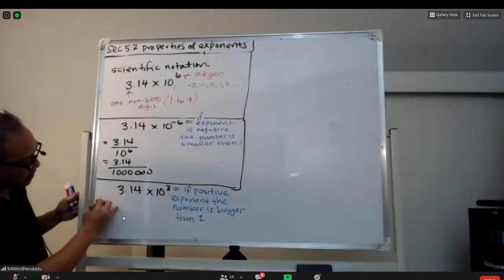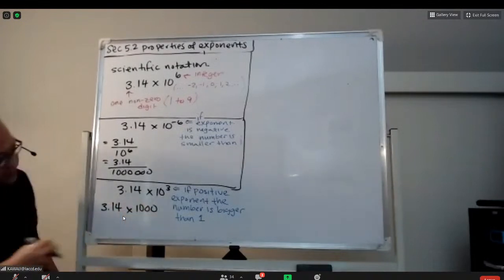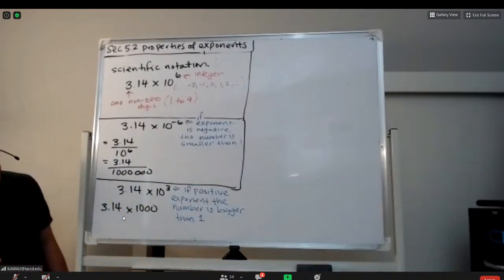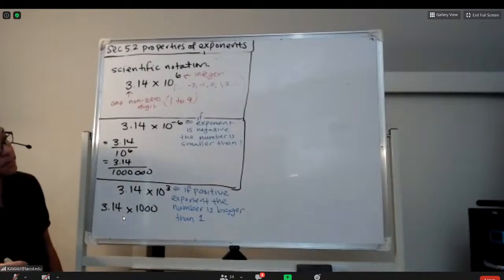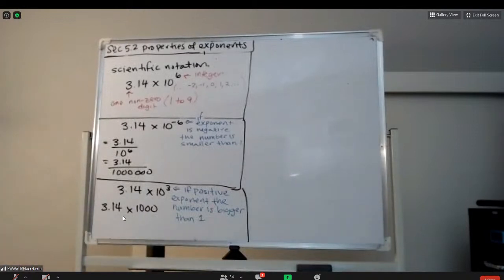Meaning that I get 3.14 times 1,000. Okay, so go ahead and copy that. Then we'll do some problems.